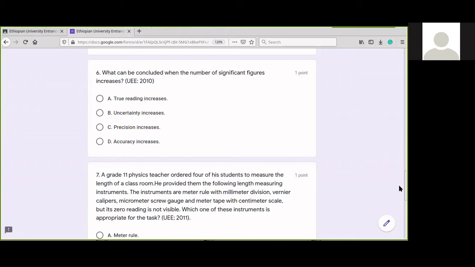For example, if the number of significant figures increases, like 2.001, 2.002, 2.003, maybe the exact or accurate value will be 2. If that makes sense, we can say accuracy increases.